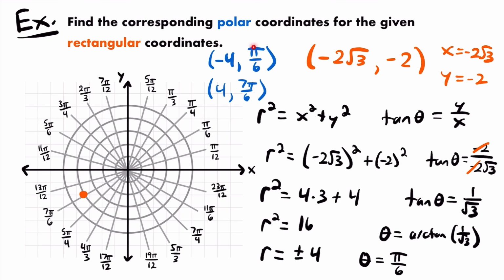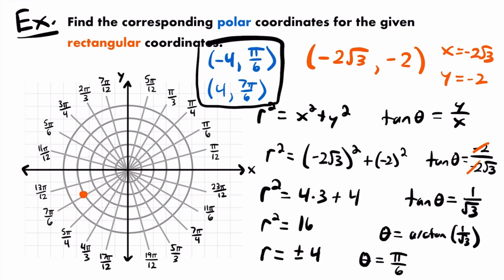If we add pi to pi divided by 6, that would be the same as adding 6 pi divided by 6, and 6 pi plus pi is 7 pi. All right, and so if we were to plot this point, our angle is 7 pi divided by 6, and it's positive. So if we start at the polar axis, we'll measure this way until we get to 7 pi divided by 6, this angle, and then we have a positive radius, so we will count 1, 2, 3, 4 circles. All right, so either of these pairs of polar coordinates would be a correct answer to this problem.